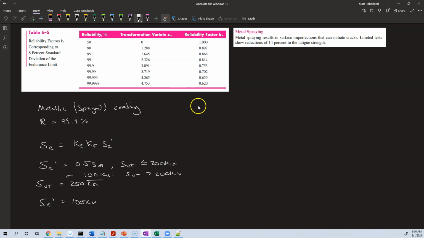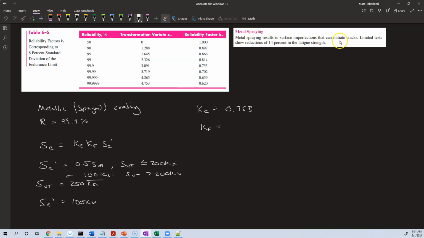Let's find our factors. So KE, the reliability factor associated with a 99.9% reliability, is 0.753. Easy. You know the reliability you need, you just look it up in the table. And now KF, well, we have to take a look at the chapter in Shigley. And it turns out that you'll find this in the chapter.